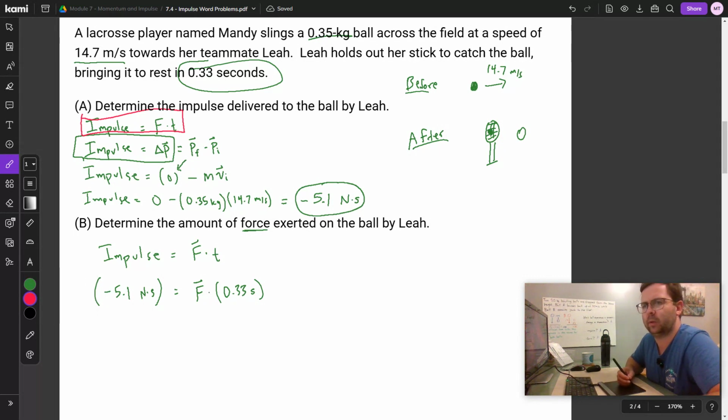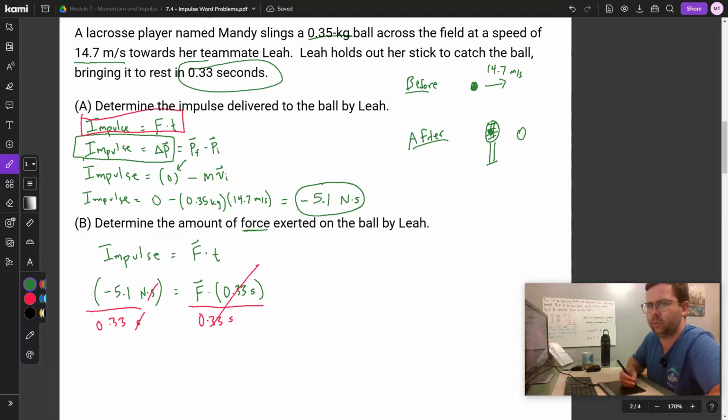All right, so now we're going to use some algebra to solve for the force. Right now, force is being multiplied by 0.33, so we're going to divide by 0.33 seconds to undo that. We're going to do that to the other side as well to keep it equal. And that goes away. The units over here, Newton times seconds divided by seconds, the seconds cancel each other out.